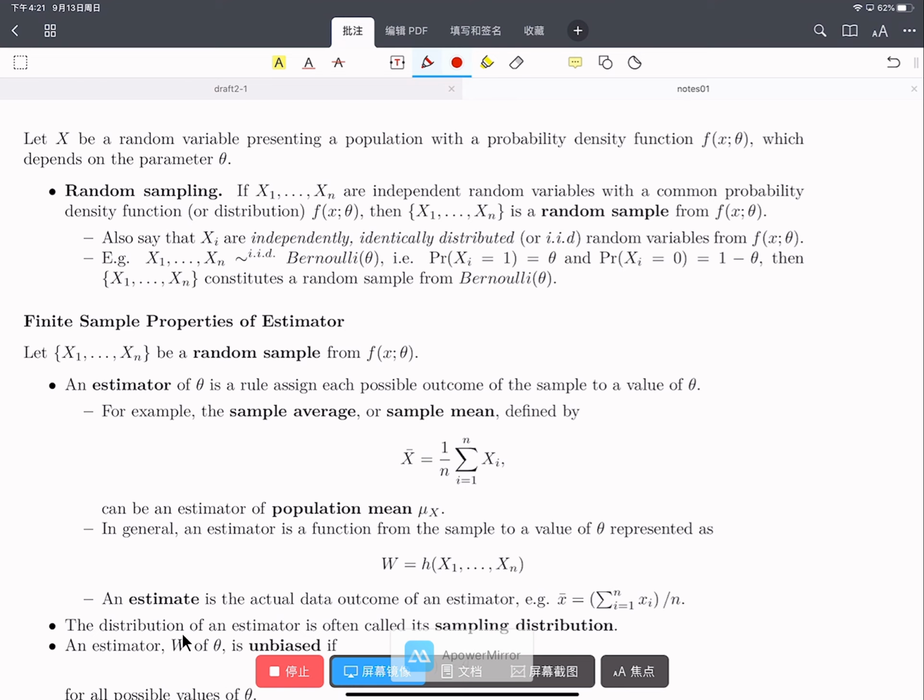Suppose there are 10,000 workers in a factory. It's very costly to ask their wage one by one. So what we do is a random sampling. We randomly get, say, 100 workers from these 10,000 workers and record their wage. So this forms a random sample of wages from the population.